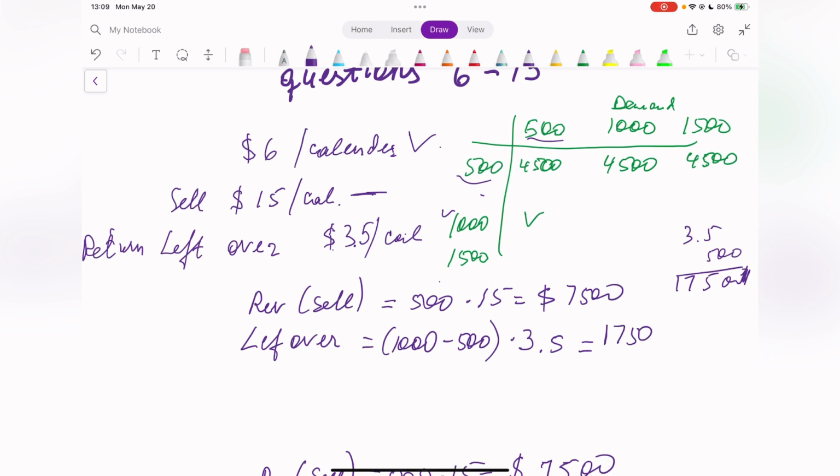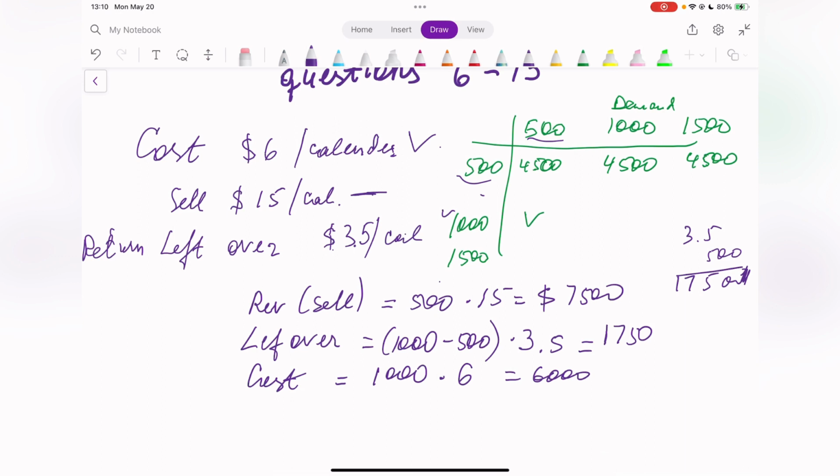So what are we going to do next? Next we find the cost. The total supply is 1,000 times $6, since she bought for $6, so it's 6,000. Let's do the math.